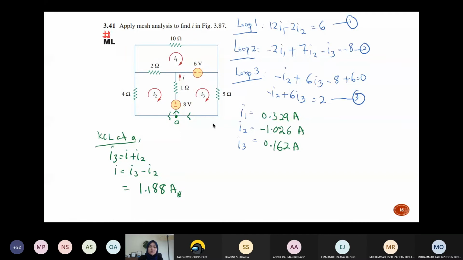Make sure that you get the correct answer. Over here you already have the answer, but the KVL equation is directly given. So before you can get this equation, you need to follow the steps one by one.